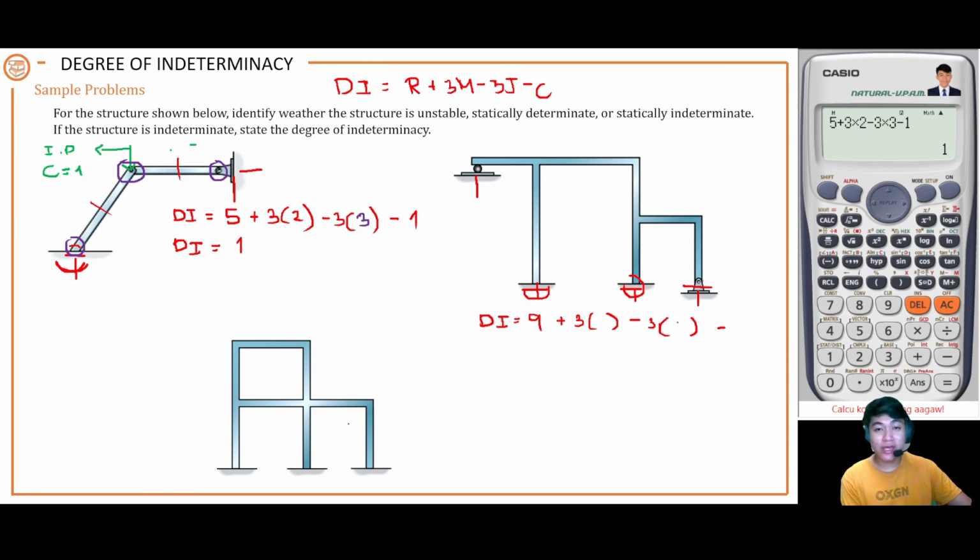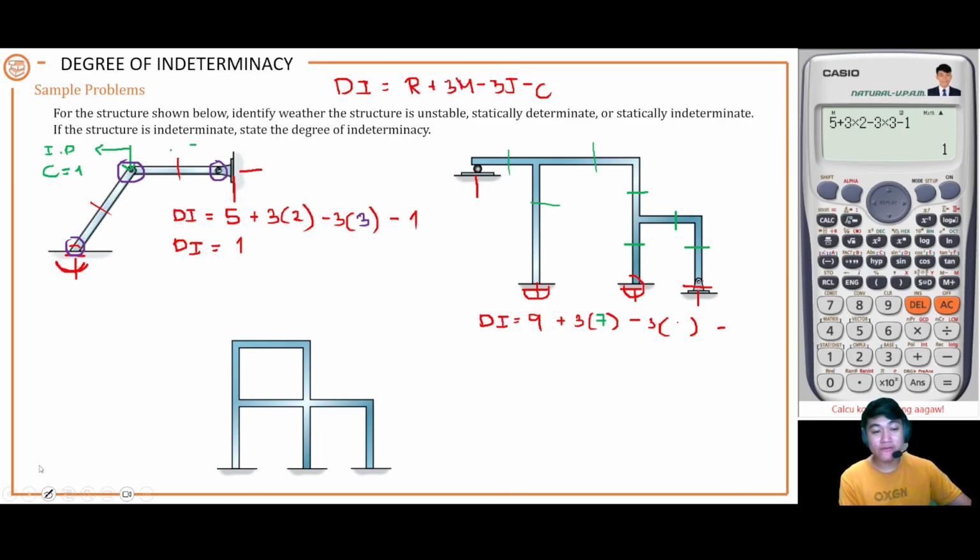How many members do we have? Okay, for the number of members, we have 1, 2. This is one member, 2, 3, and 4. Every time there are connections, it gets divided into members. So 1, 2, 3, 4, 5, 6, and 7 members. 7.